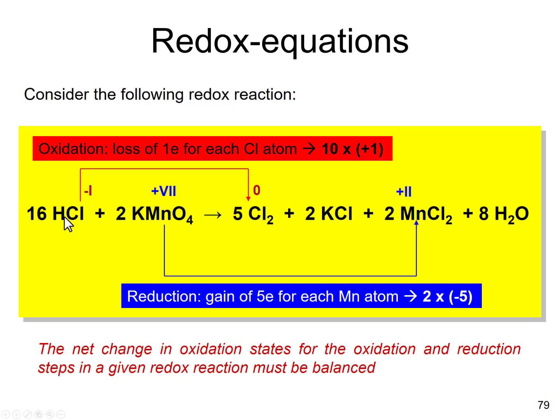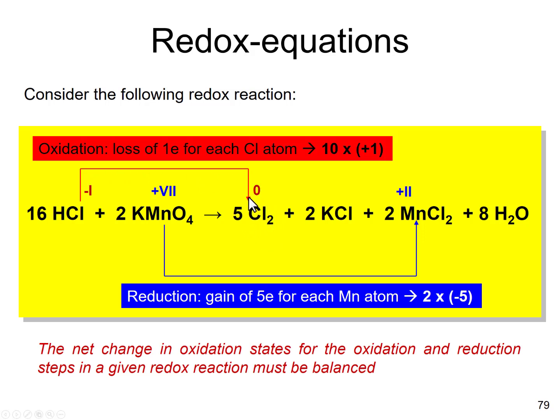And so in HCl, we know that the chloride should be 1 minus because the proton, or the H, is 1 plus. So Cl is assigned a 1 minus charge. In this particular case, also a 1 minus oxidation state. And it has been converted to a chlorine molecule, which has an oxidation state of 0. So this is representative of chlorine as the element.